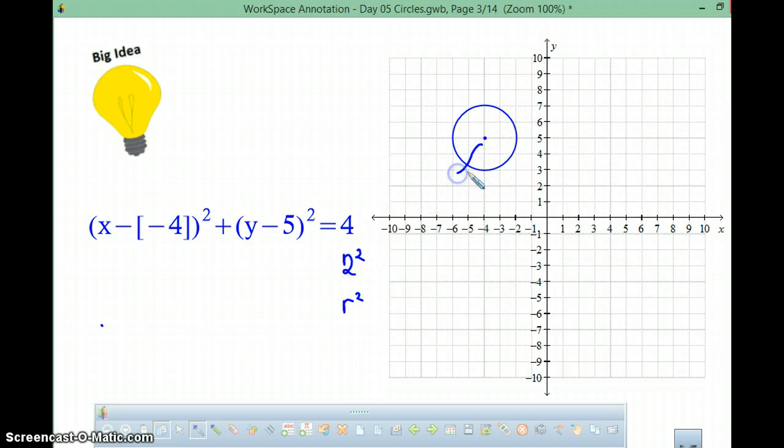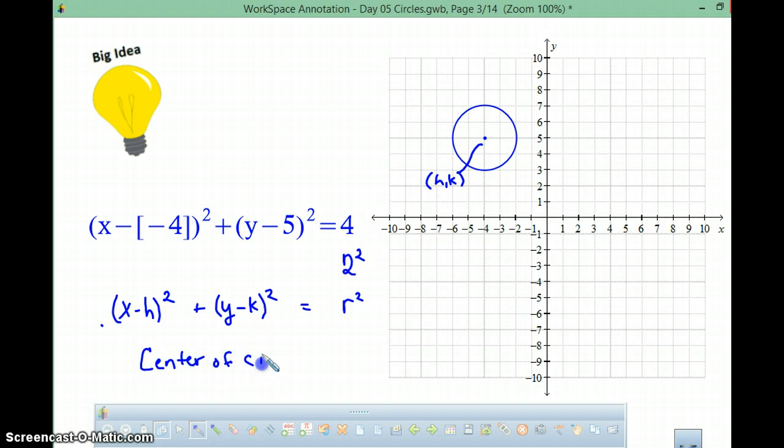If you think about that center as being (h, k), then think about how this can be (x minus h) squared plus (y minus k) squared. The center of the circle equals (h, k).